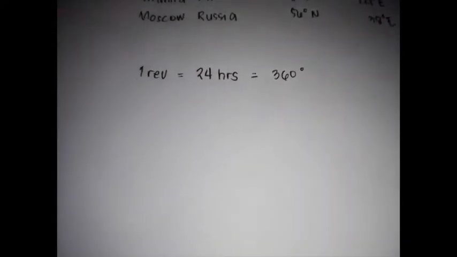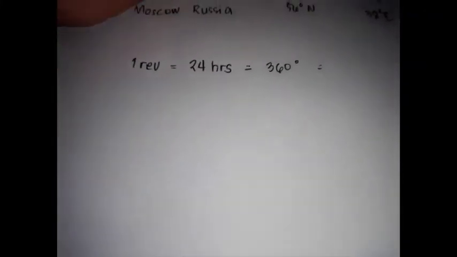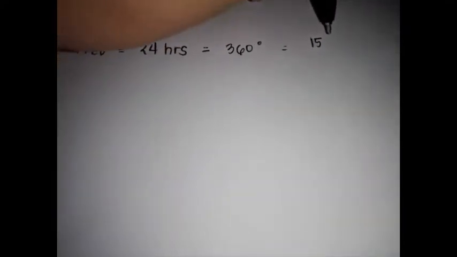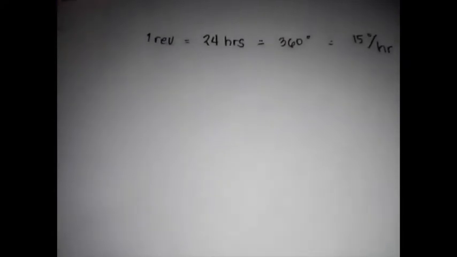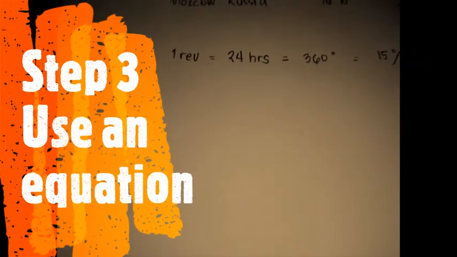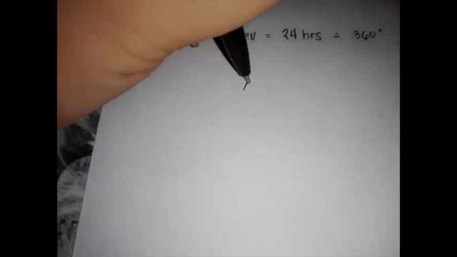So if you're going to take the degrees and the hours, how many degrees in an hour, so we have 15 degrees per hour. So pag naset na natin guys yung constants, try natin use nito guys na formula.